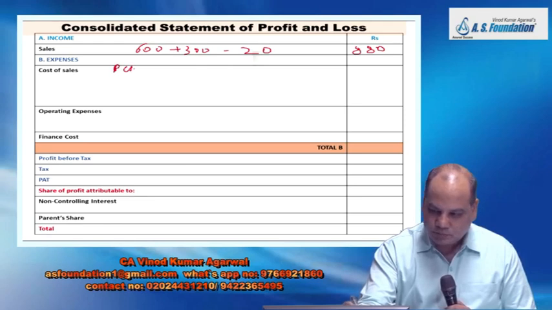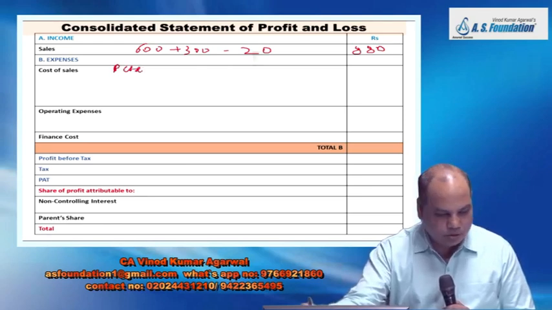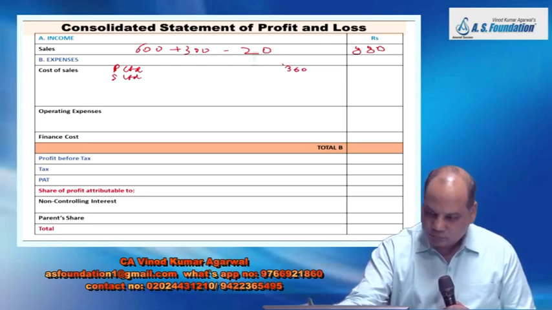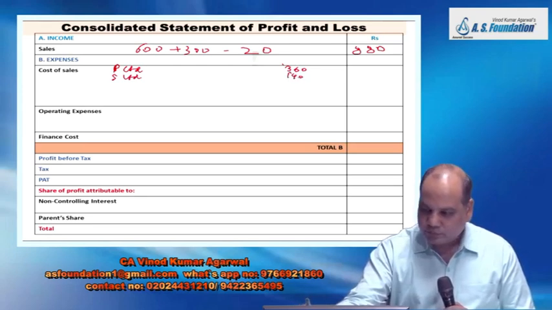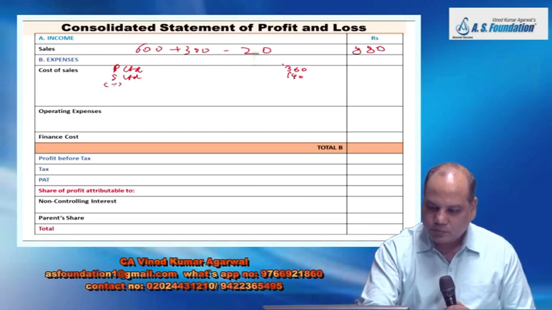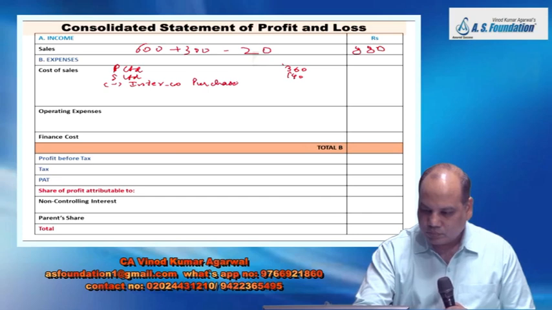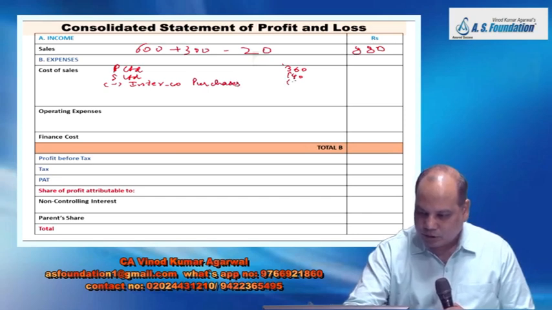Cost of sale. P Limited is 360. S Limited is 140, less intercompany purchases in bracket 20.